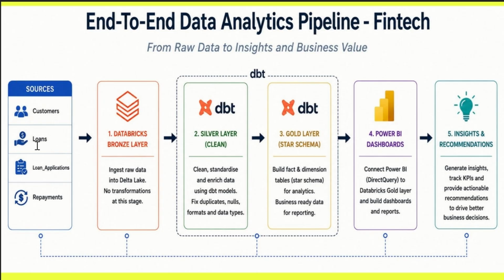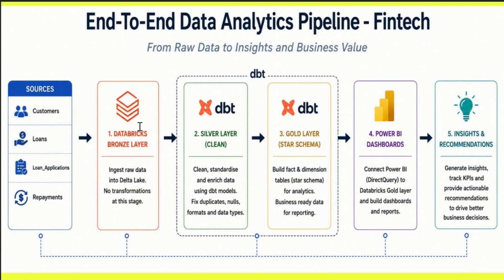Then after exploring the sources, we will pull the data into a data warehouse. In our case, we are going to use Databricks. In Databricks, we are going to pull the raw data, and the place where we've stored the raw data we shall call the bronze layer.